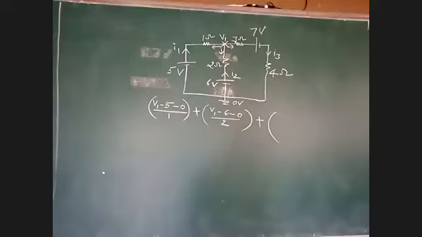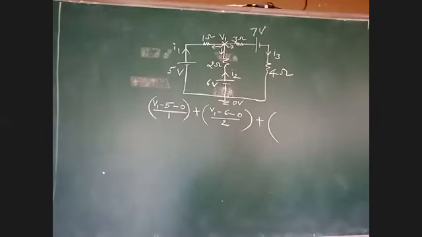Sir, I have a doubt. Tell me. Sir, in the last sum you explained, it was 0 minus V1 by 2, meaning the actual direction of I2.